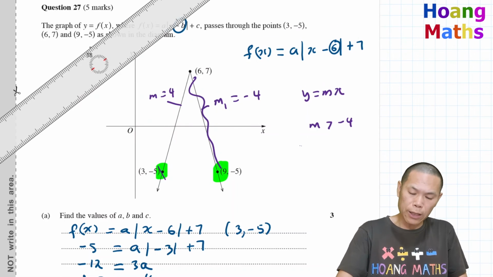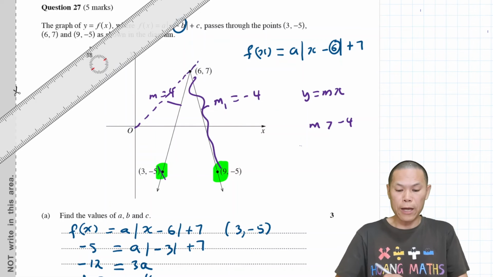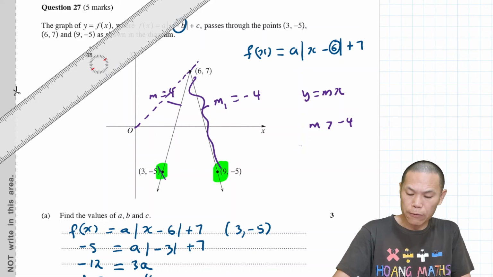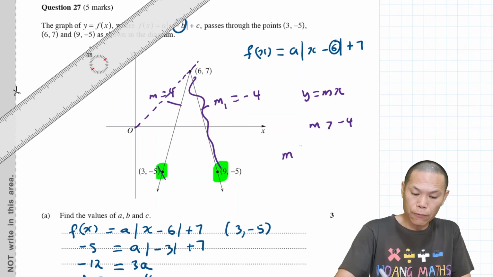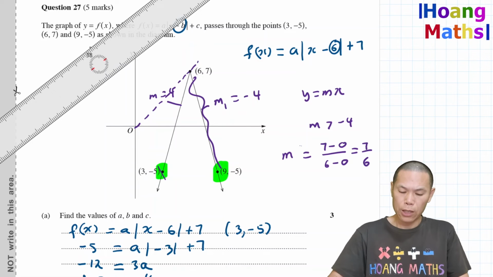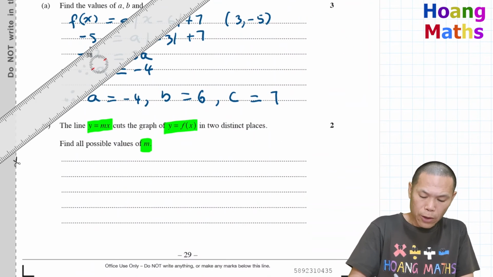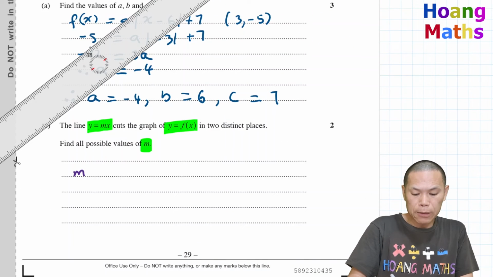So let me just find the gradient of this. So maximum, it goes through this, right? So let me write on here first. The gradient for that is equal to 7 minus 0 over 6 minus 0. So 7 over 6. So let me just write this down. So therefore, the gradient m must be, the first thing is must be greater than -4.